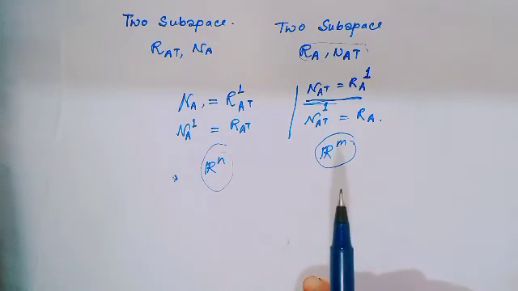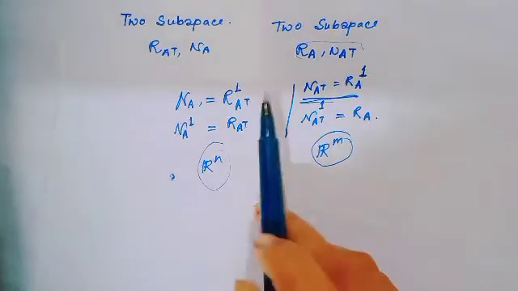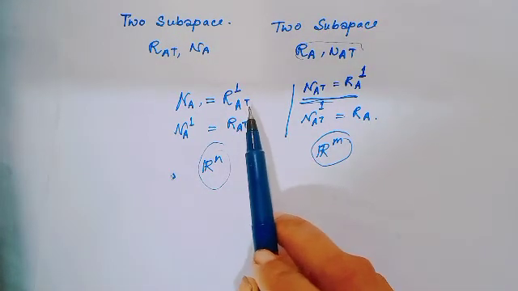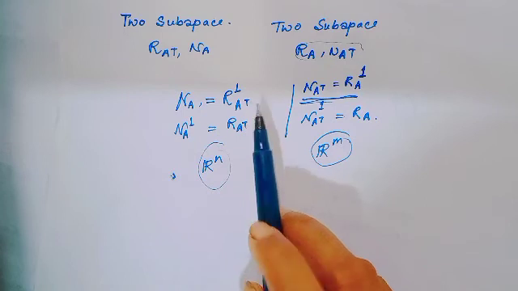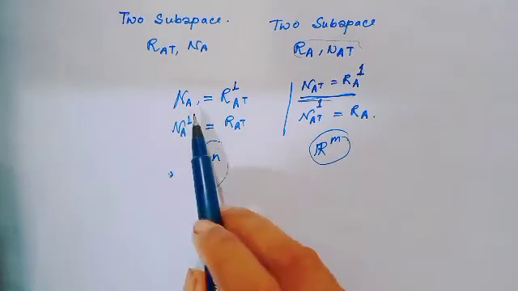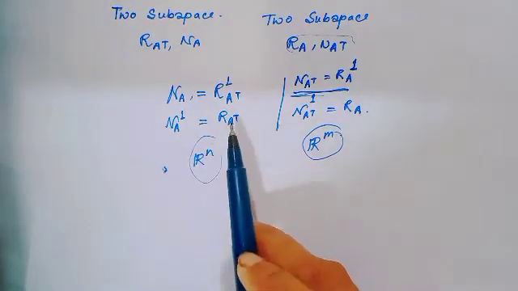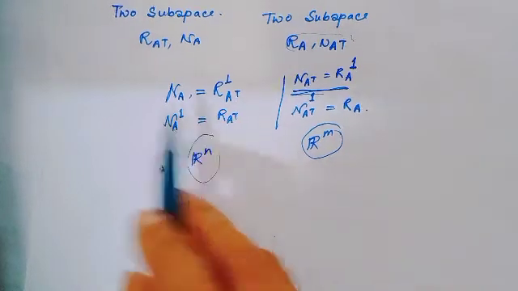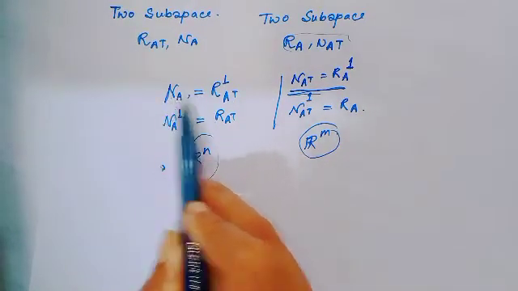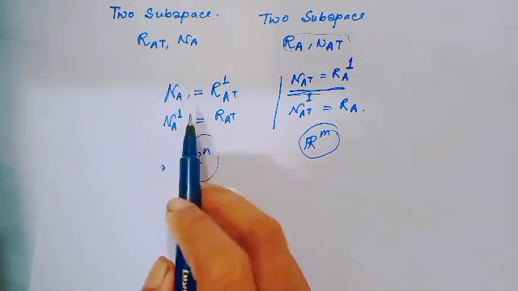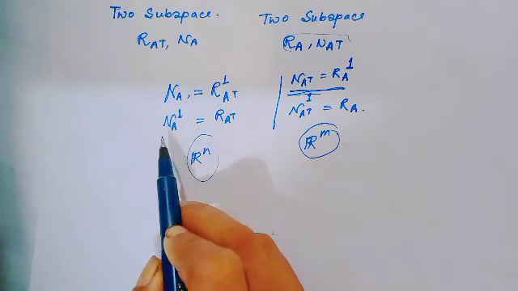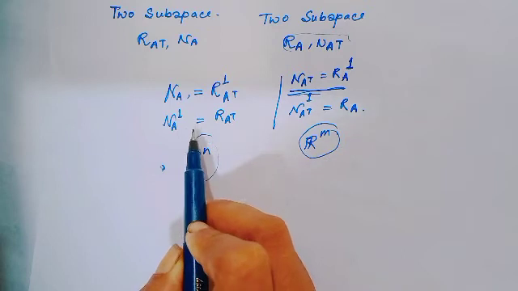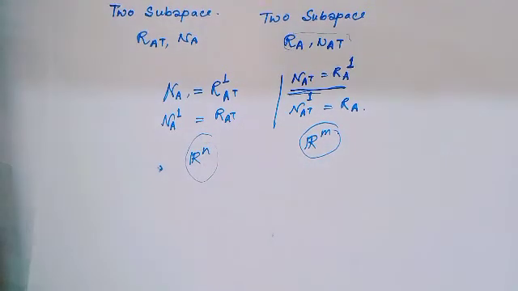And I had shown that the orthogonal complement of the range of A transpose is actually the null space of A, and if we apply the complement again on both sides, then the null space of A complement is equal to the range of A transpose.